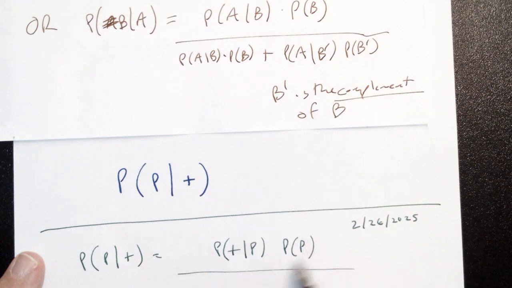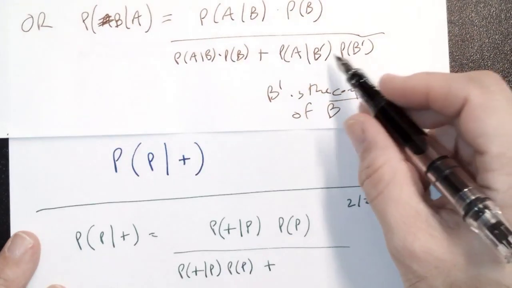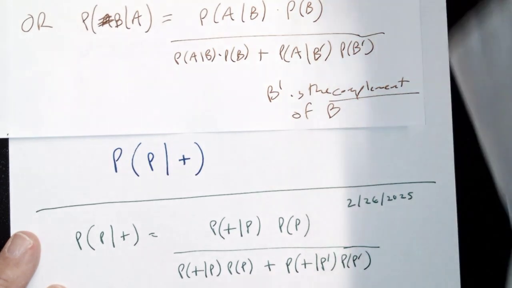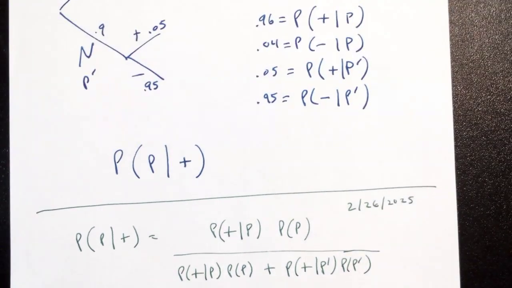And then on the bottom, I get this again, and the complement shows up in the bottom. These numbers are available to me in my tree, so let me find them.